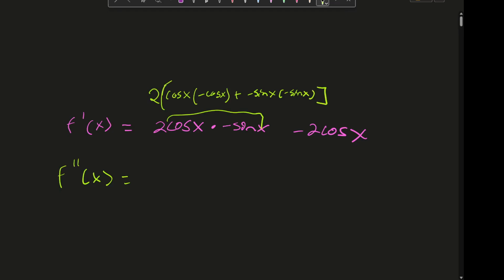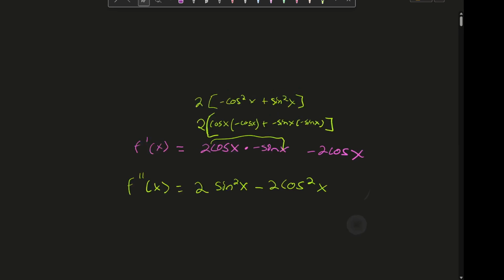And this is all in here. So then 2 times negative cosine squared x, those negatives cancel, plus sine squared x. So then you just have 2 sine squared x minus 2 cosine squared x.